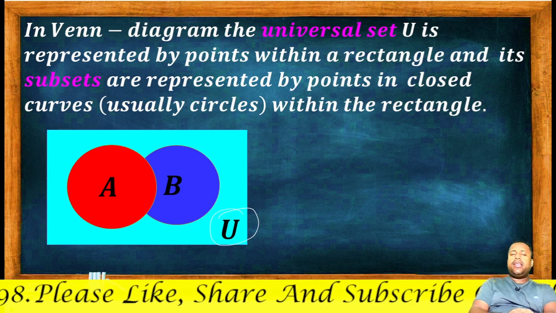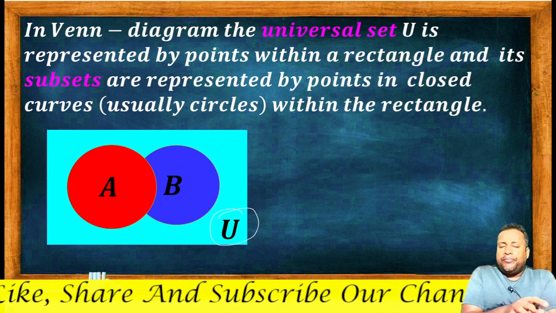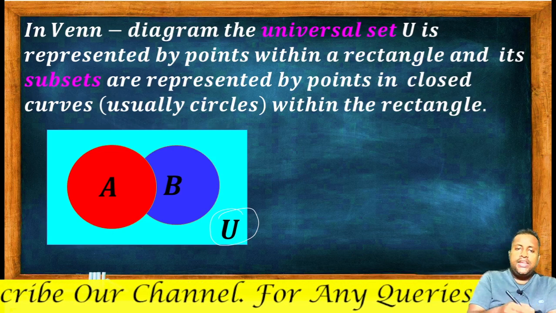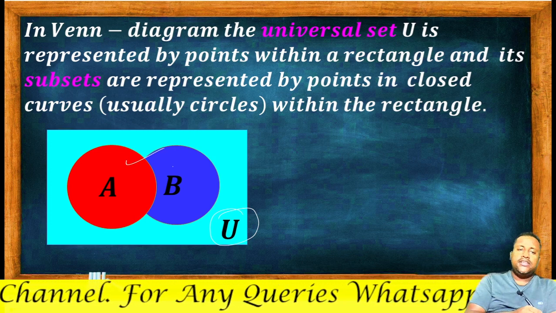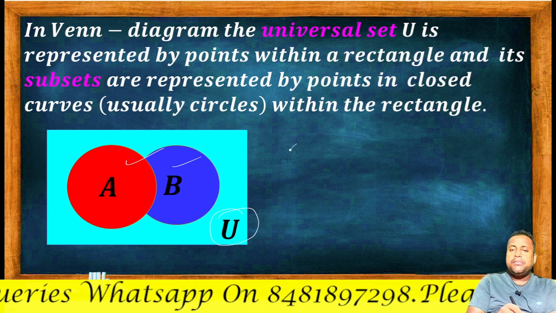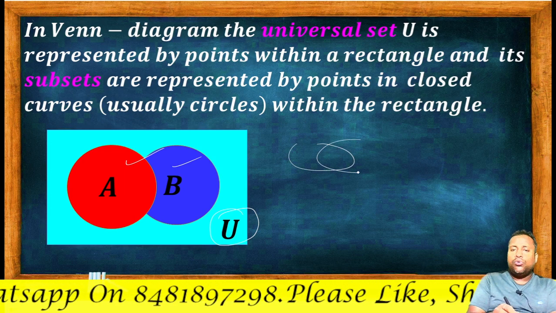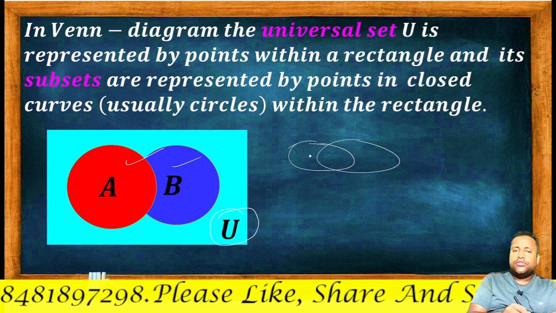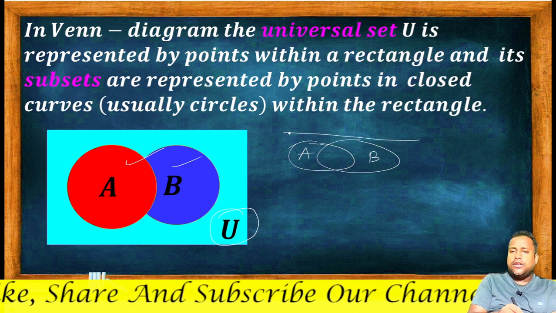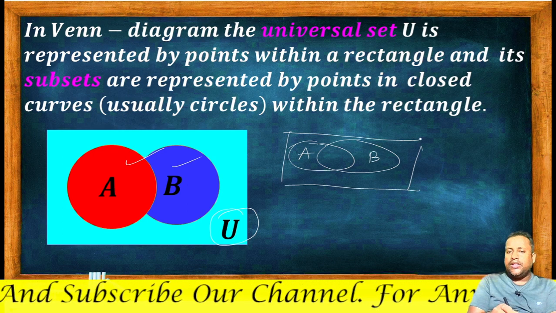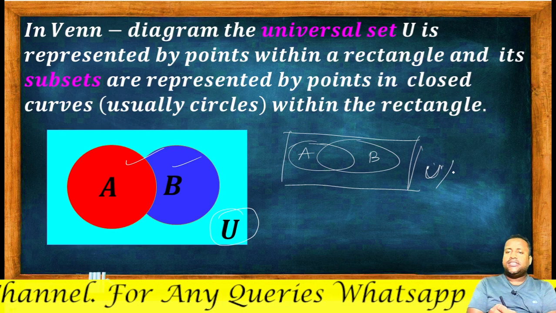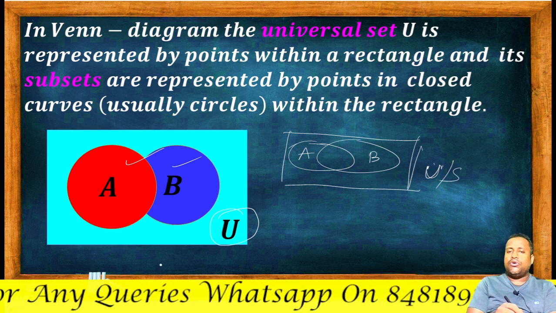That means in a Venn diagram, any universal set is represented by a rectangle, and any of its subsets is represented either by a circle or by an oval, that is, an elliptical shape. We can represent A and B in this way also, where U represents the universal set, and sometimes instead of U, S is also used.